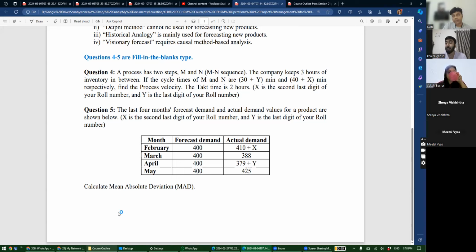So basically, let's say 400 is the forecast demand, and the actual demand comes to 410. What is the deviation? 10. Similarly, let's say 400 was the forecast demand and the actual demand is 390. Again, there is a deviation of 10 only.